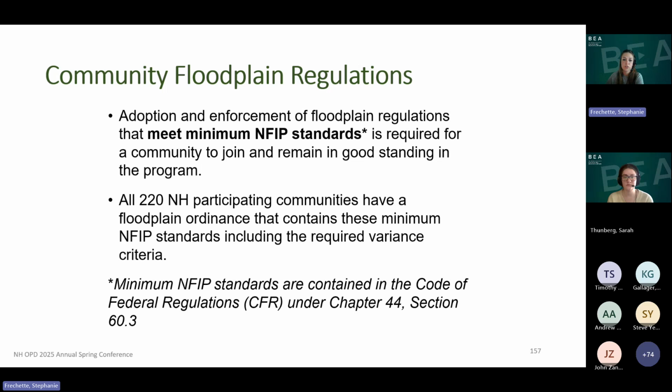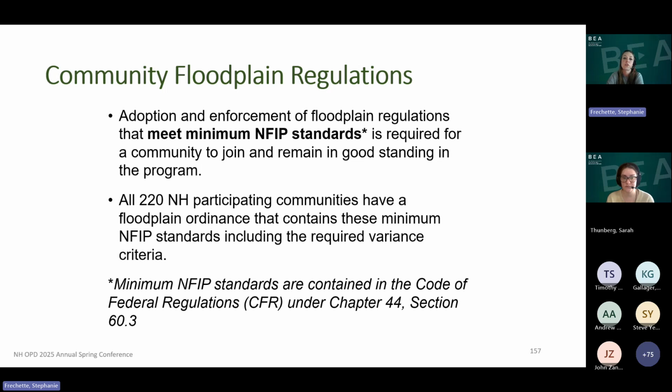These minimum standards come from the Code of Federal Regulations, Chapter 44, Section 60.3. Adopting and enforcing the minimum standards is not only a requirement to join this program, but also for the community to remain in good standing with the program.